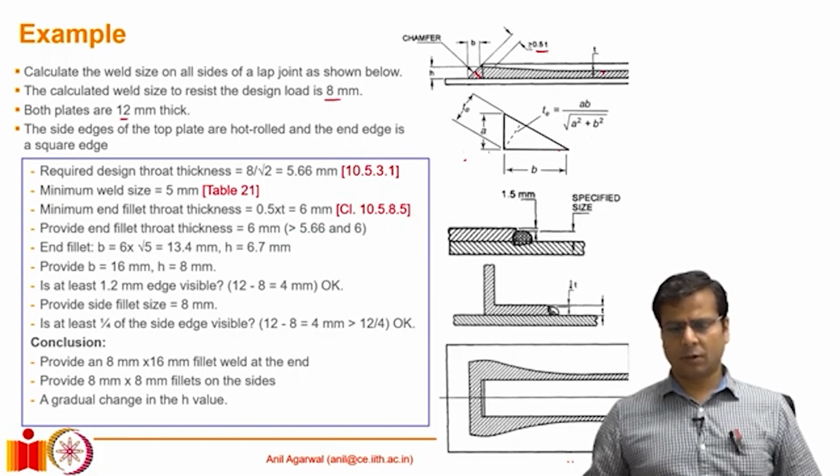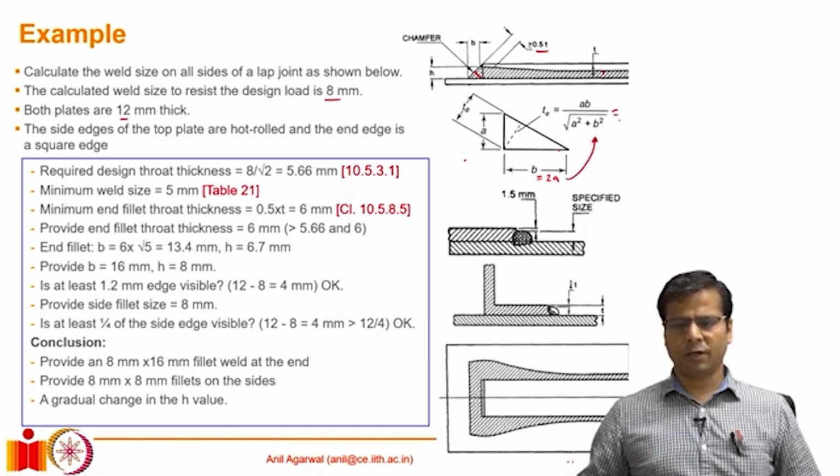In addition to that, now we look at the geometry of the end fillet. We know that B is 2 times A, and if we substitute that B value into this expression, we can calculate the B for a throat thickness of 6 millimeters that we just calculated. If we do that, we find that B, which is the horizontal dimension, turns out to be 13.4 millimeter, and H, which can be called A, turns out to be 6.7 millimeter.